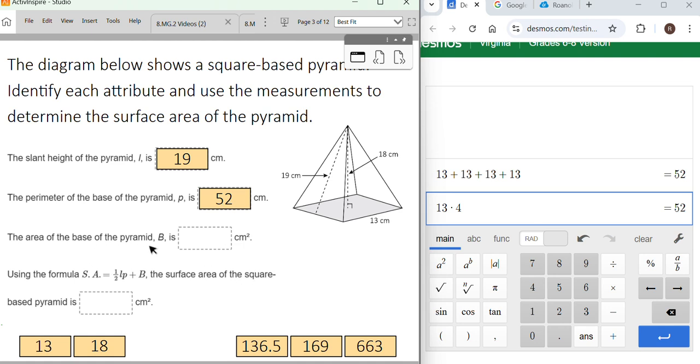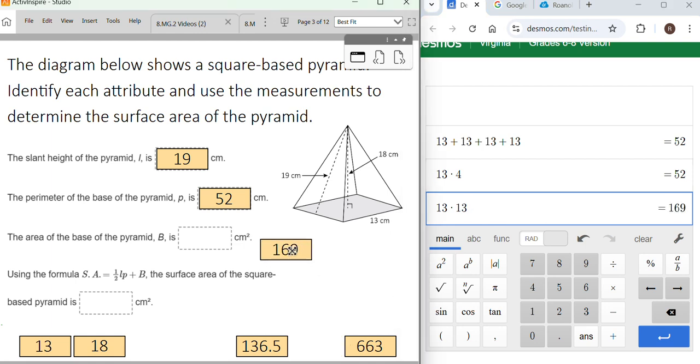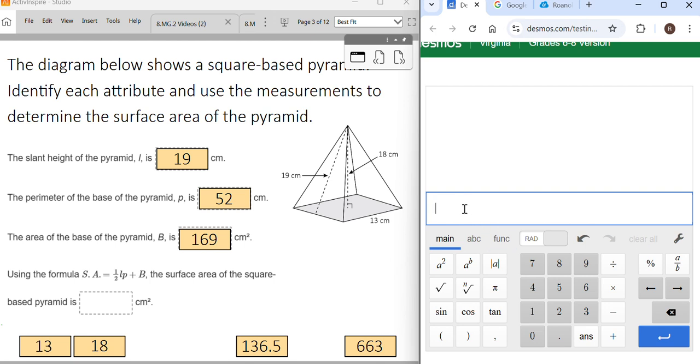Next, we have big B. We're going to have to do 2 things because it has 2 loops. If the side of my base is 13, then my area of the base would be 13 times 13, which is 169. Next, we're going to type the formula into Desmos.